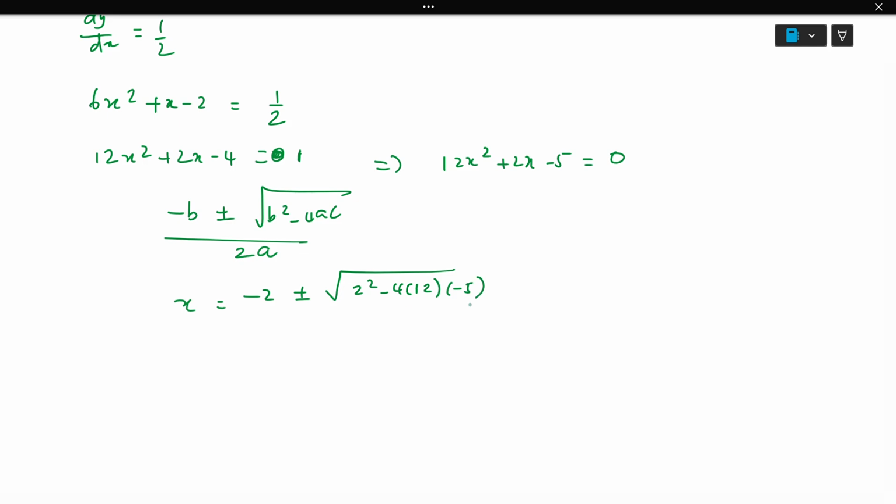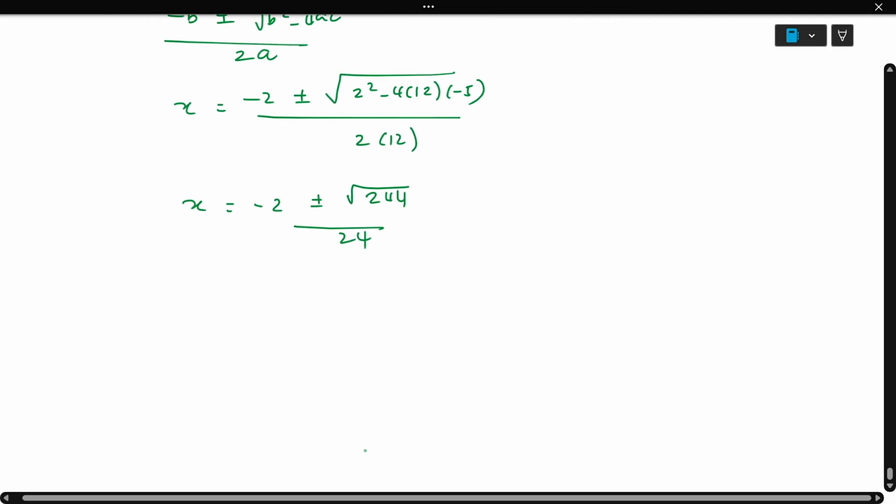So negative 5 over 2 times 12. When you simplify, we will get minus 2 plus or minus square root of 244 over 24.